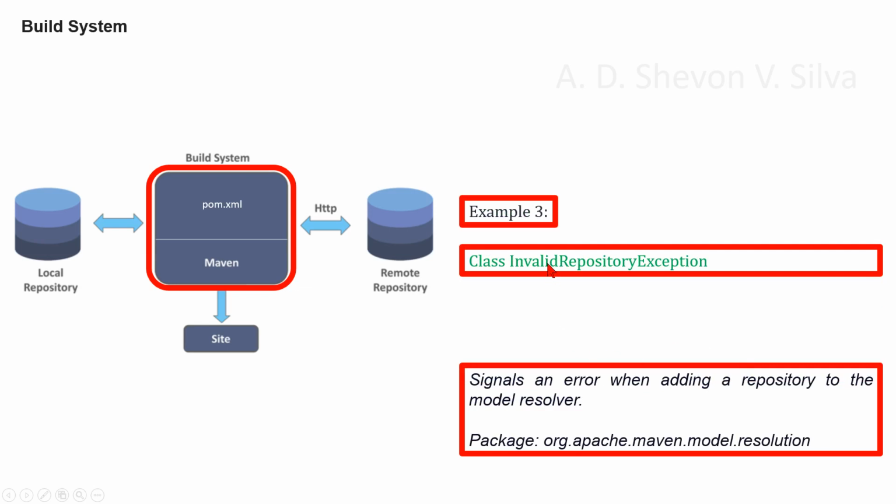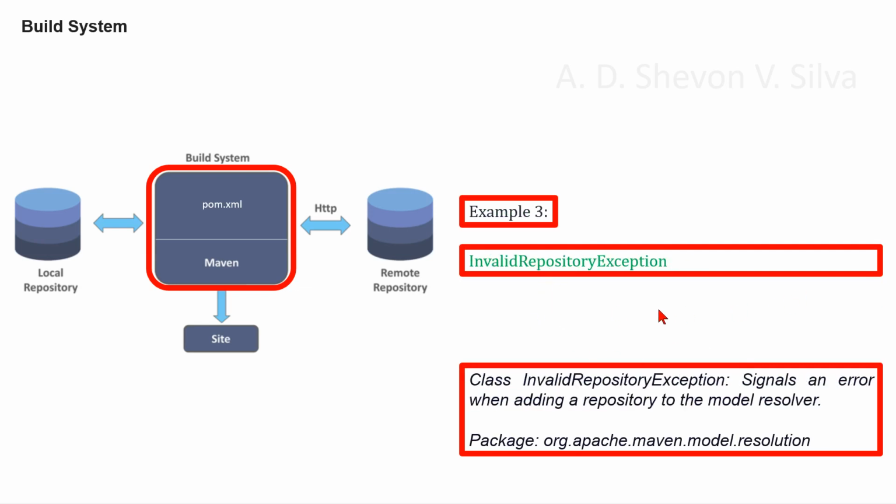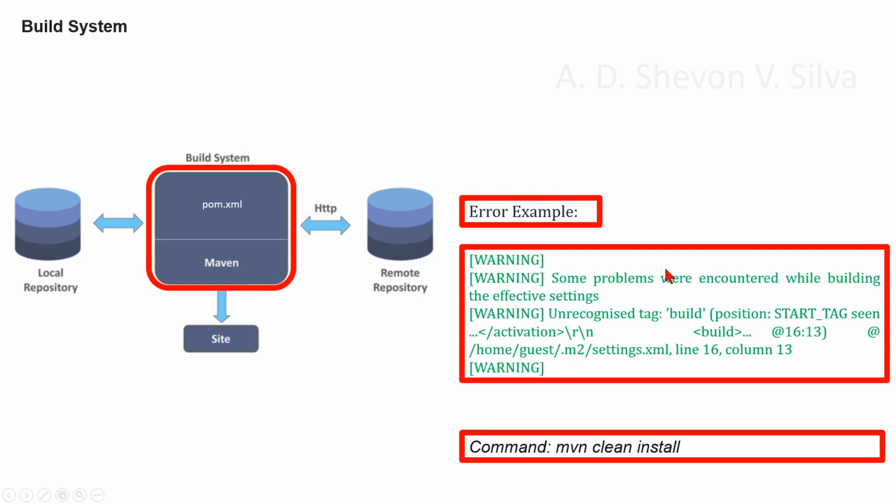As an example 3, we can consider this. Invalid repository exception. Class InvalidRepositoryException signals an error when adding a repository to the model resolver. This is in package org.apache.maven.model.resolution. As an example, we can consider this one. Actually, this is a warning.